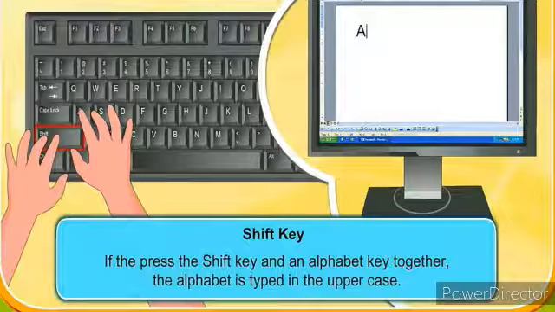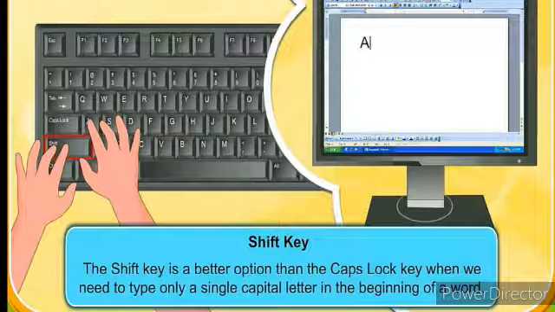There are two Shift keys on the keyboard. The Shift key is a better option than the caps lock key when we need to type only a single capital letter at the beginning of a word.